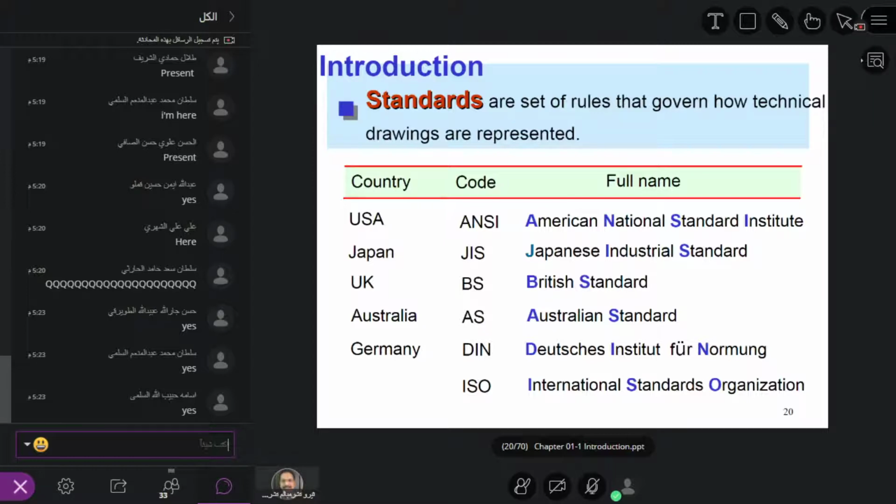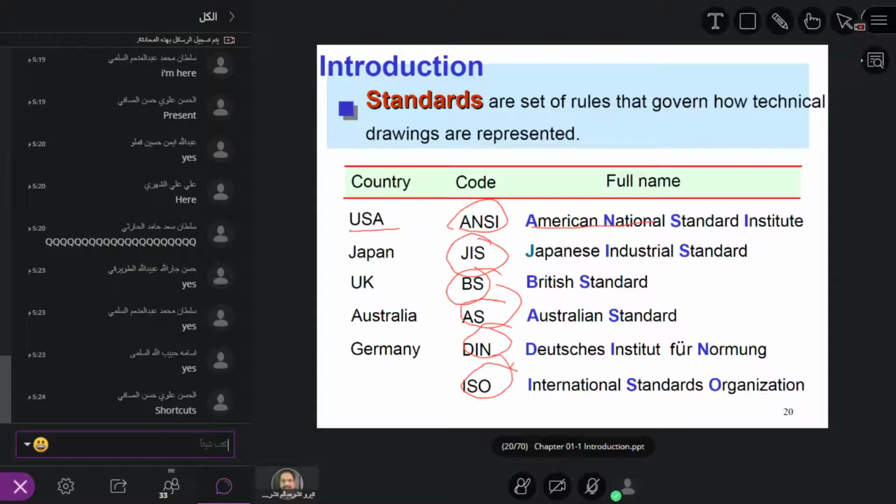Because you see the standards in USA, American National Standard ANSI, and JAS, Japanese Standard, the British Standard, the Australian Standard, Germany DIN, and international standards. So these are the shortcuts for the standards. And each standard has its own standard procedures in order to show the drawings.